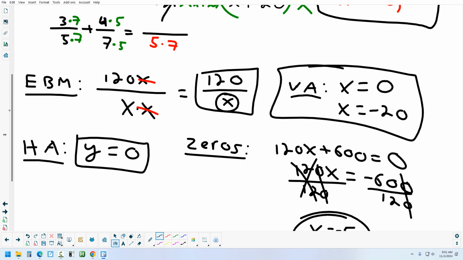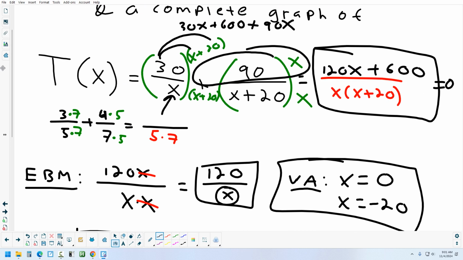And if you plug negative 5 into the numerator, you will get 0. You'll have 0 divided by something that's not 0. And I know the bottom wouldn't be 0 if I plug in negative 5, because I already found the two numbers that make the bottom 0. Negative 5 wasn't one of them.